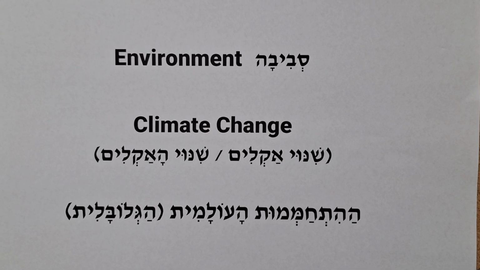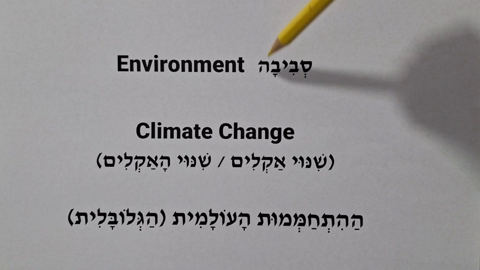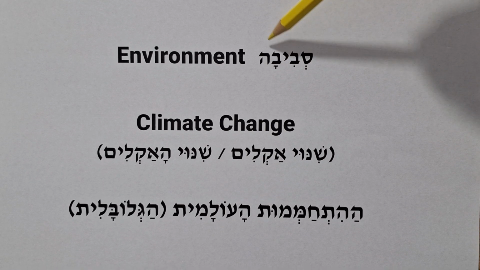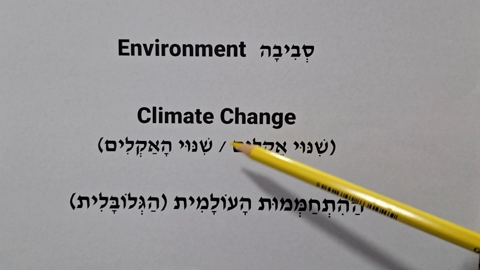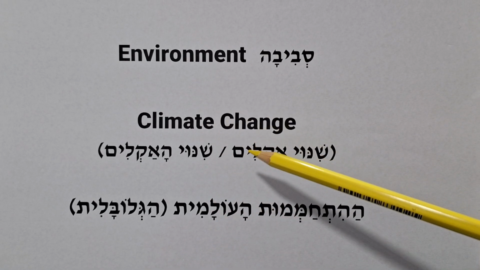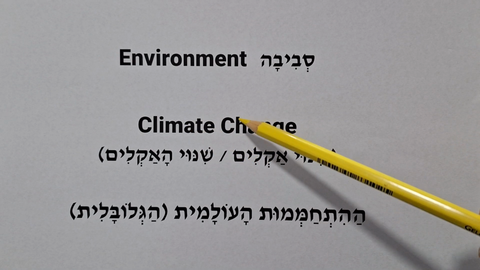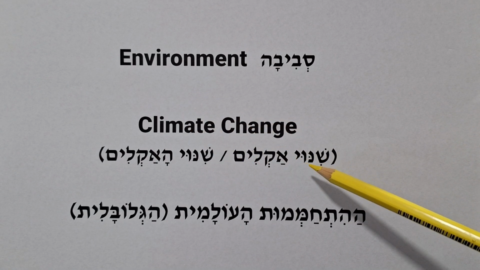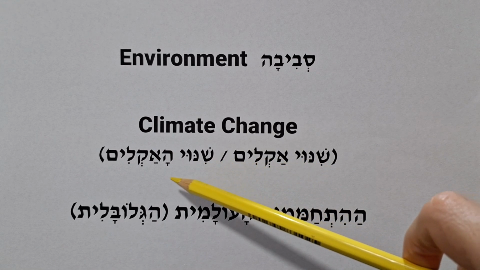That's a hot topic, environment, and in Hebrew, sviva, sviva, and climate change. In Hebrew, climate is aklim and change is shinui. But we don't say in Hebrew shinui aklim or shinui ha'aklim.